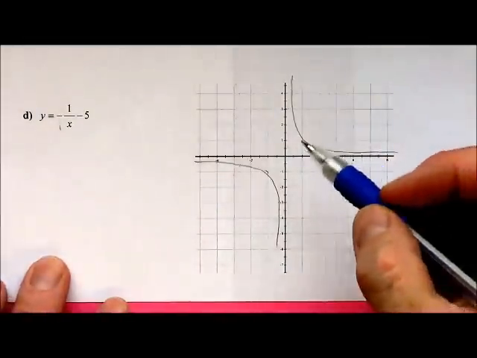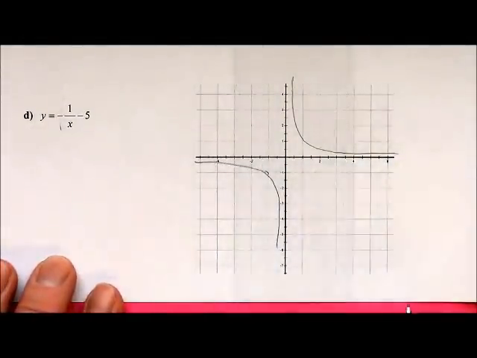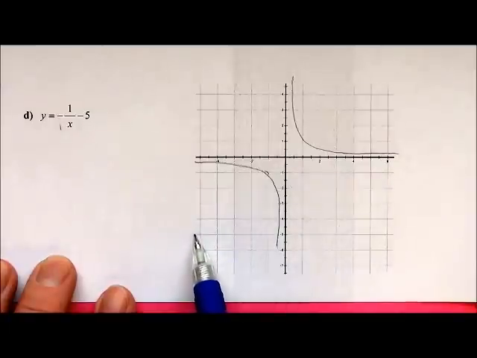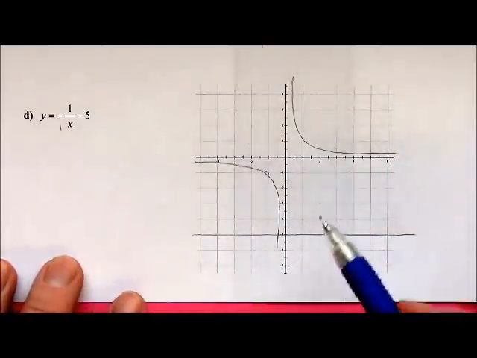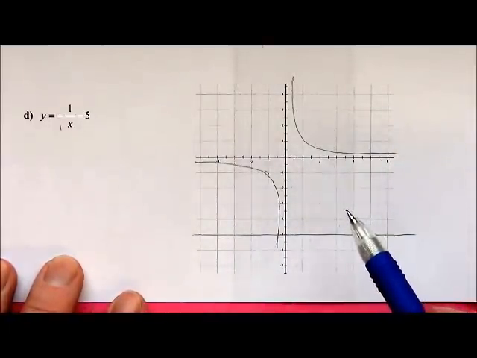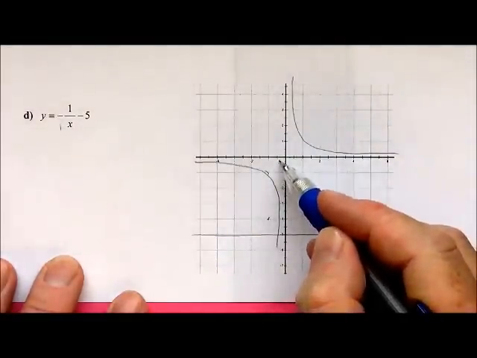So then it'll basically look like this. So instead of the horizontal asymptote being at 0, it'll be at negative 5. And so the function then, after it gets flipped, would look like this.